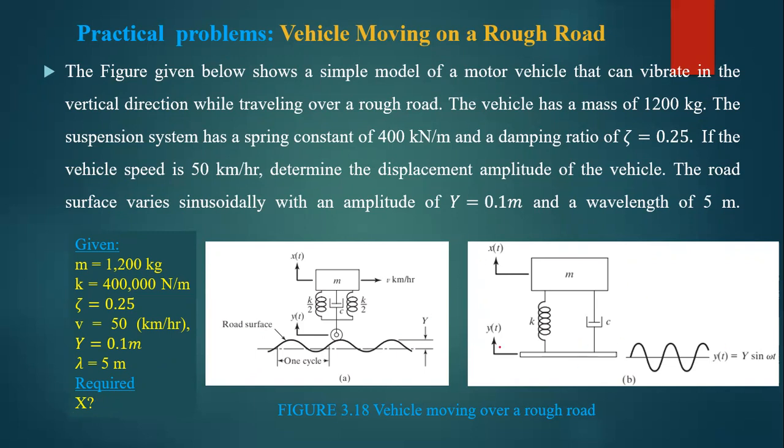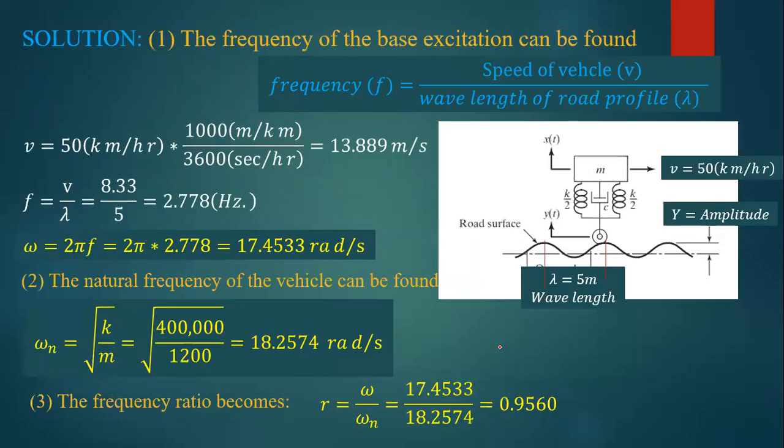So let's calculate. The frequency of the base excitation can be obtained as follows: frequency f is equal to speed of vehicle over wavelength lambda. V is given, lambda is given, so we put these values in, and we have to convert the velocity into meters per second.